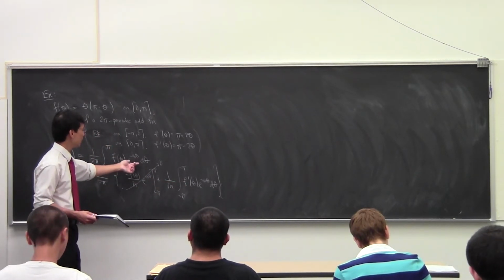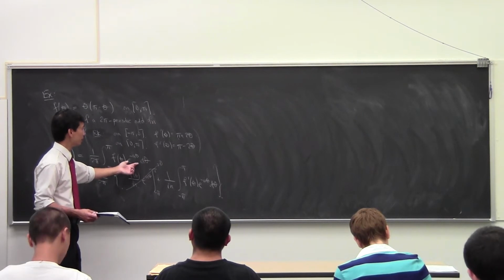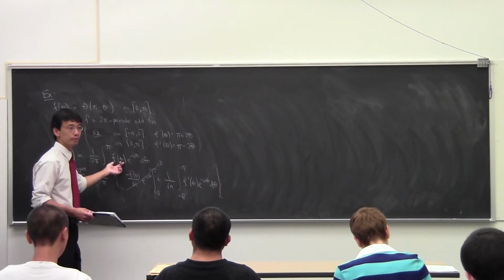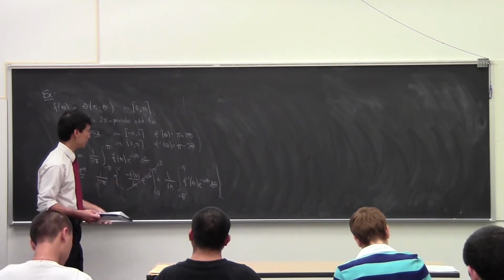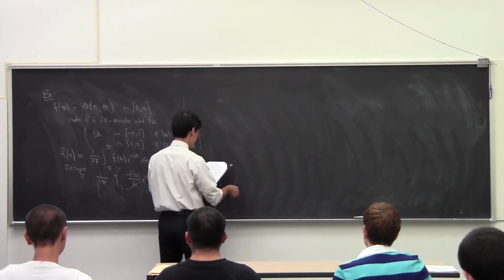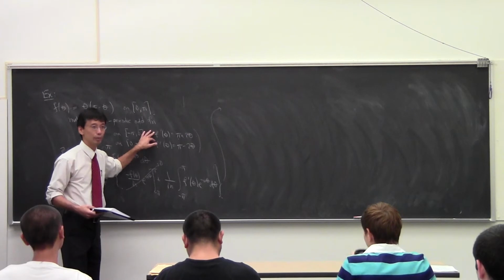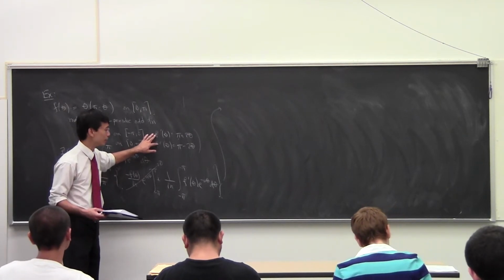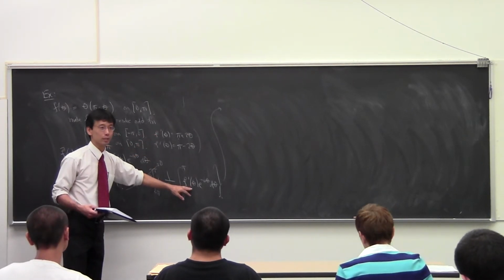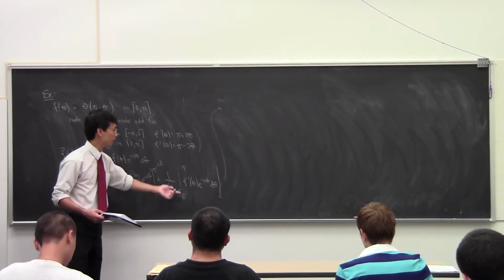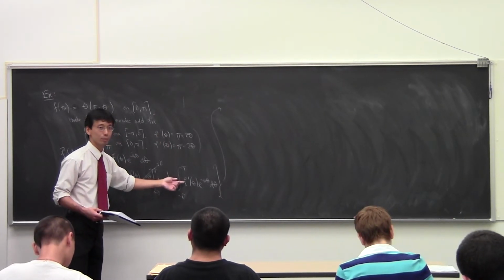We passed the derivative from this guy over to this guy. That's what happens when you integrate by parts. And now you see why I wrote up the derivatives. We'll break this thing into 2 pieces, from negative pi to 0, and from 0 to pi.